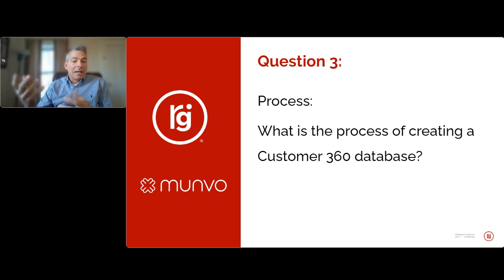The next step is to identify and connect to all those data sources, as we talked about, and then making sure the data quality is there, the assurance of that data quality. And that really can be the most challenging step, as I mentioned before. We want to clean that data in a non-destructive fashion through global address standardization, email normalization, phone verification, parsing, concatenation, and other fundamental data hygiene routines.